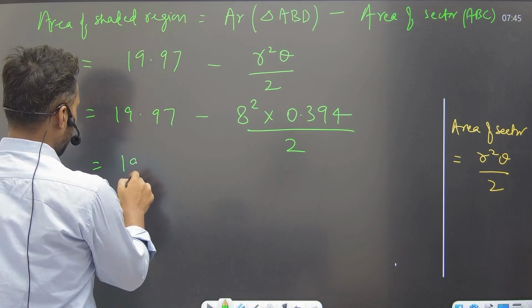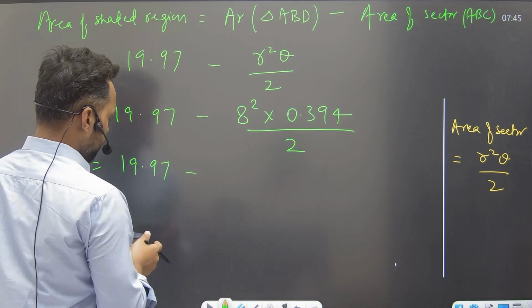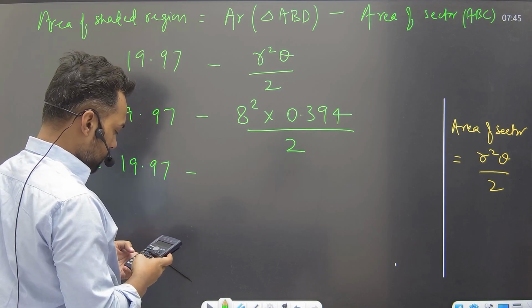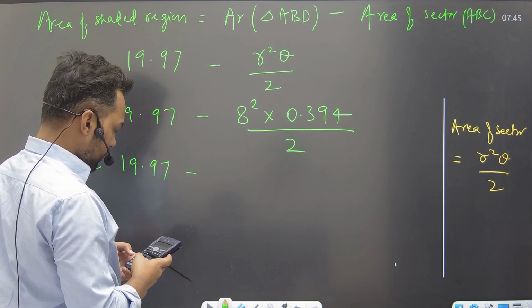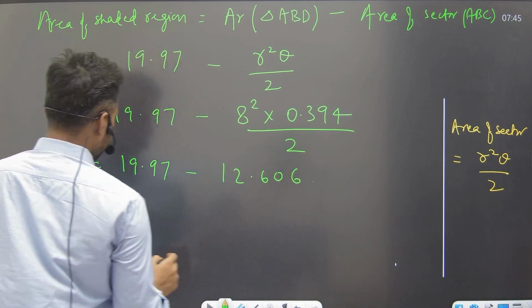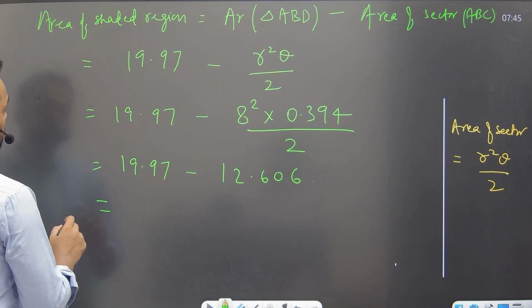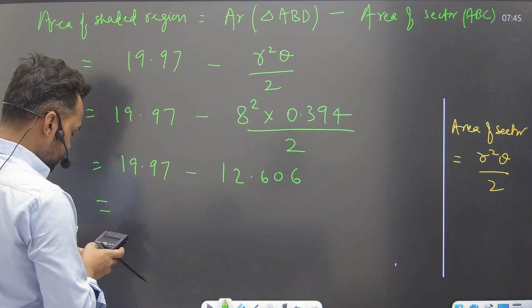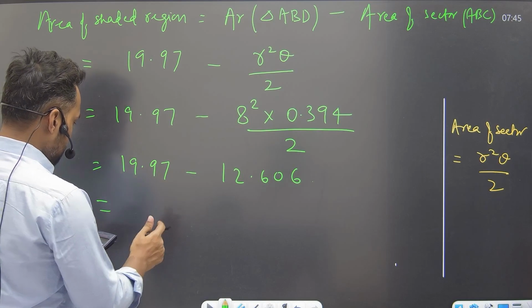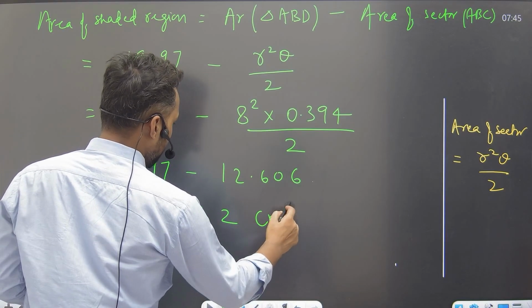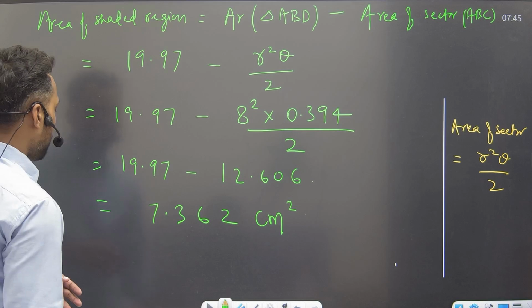That is equal to 19.97 negative of 64 cross of 0.394 upon 2, which will be 12.608. So the area of region R will be negative of 19.97, 7.362 centimeter square. This is the area of region R.